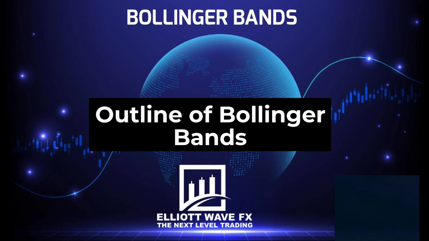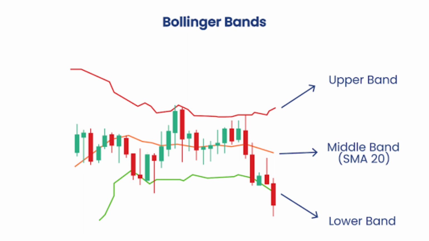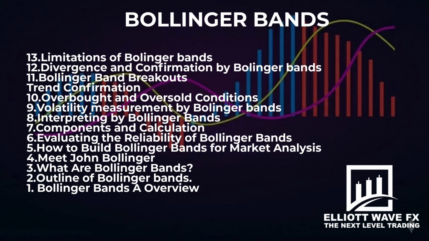In this video you can learn and understand about Bollinger Bands in extensive detail in different topics. The outline of the different topics is as follows. 13. Limitations of Bollinger Bands. 12. Divergence and confirmation by Bollinger Bands. 11. Bollinger Band breakouts, trend confirmation. 10. Overbought and oversold conditions. 9.